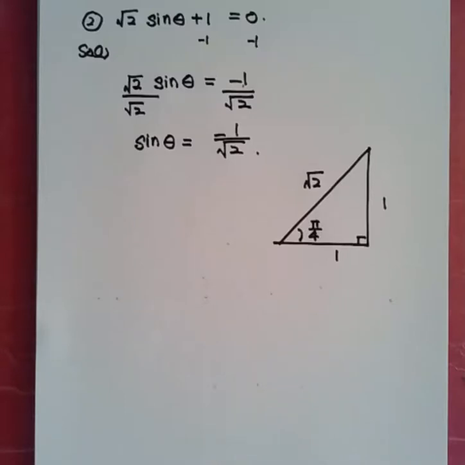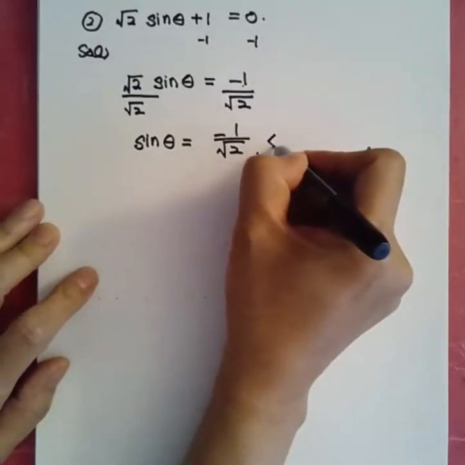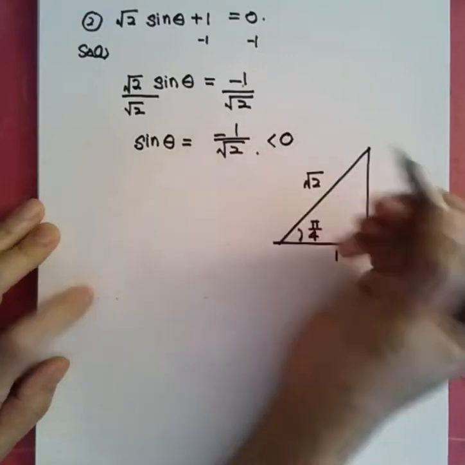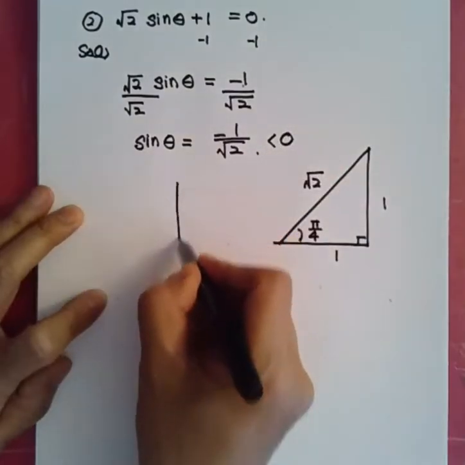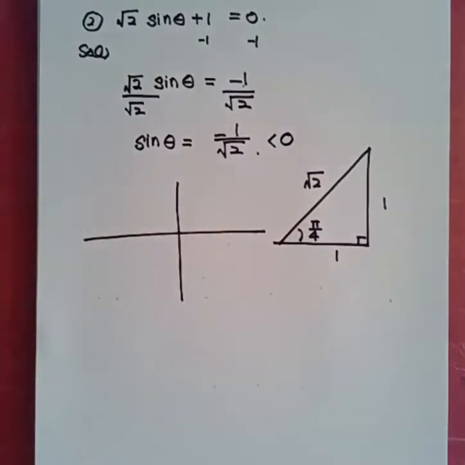Then we have to identify the solution between 0 and 2 pi. To do that, the first thing we have to think about is whether the sine value is positive or negative. That is negative.